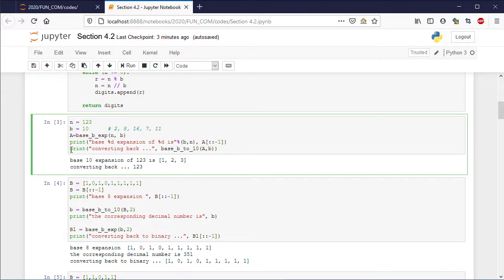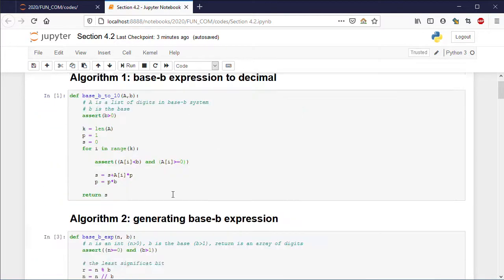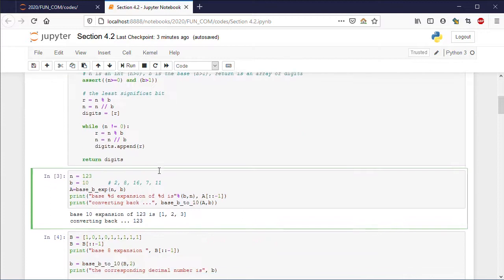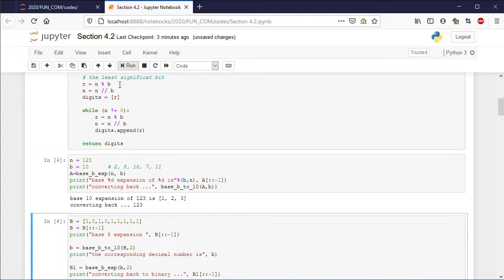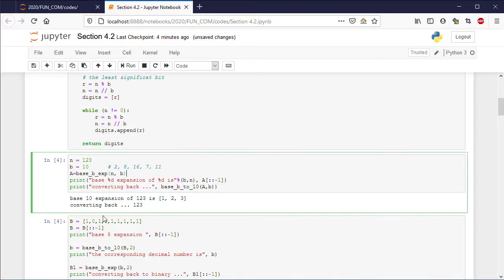So eventually I call this base b to 10 because I have introduced these two algorithms, and try to see whether after converting this sequence of digits back to the original number, we still have the same number, in order to verify the correctness. Apparently it is correct.